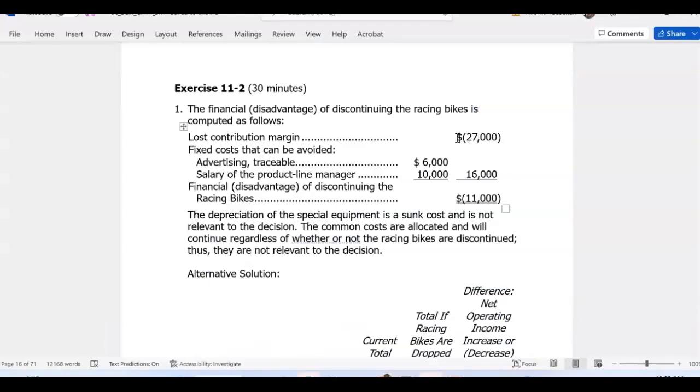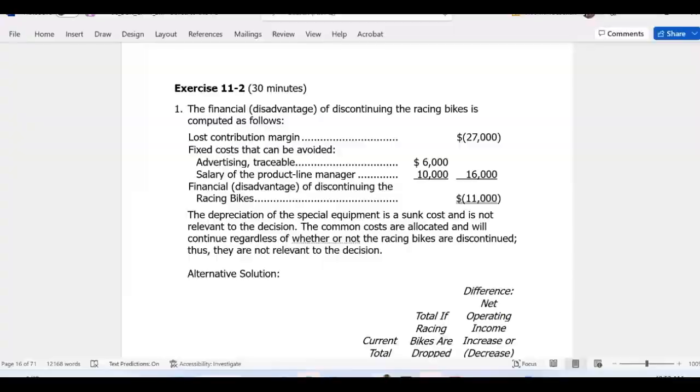So if you discontinue racing bikes, the contribution margin will go away. That's minus 27. You can save something like advertising that is traceable to a racing bike. That's $6,000. You can also save salary of product line manager. That's $10,000.